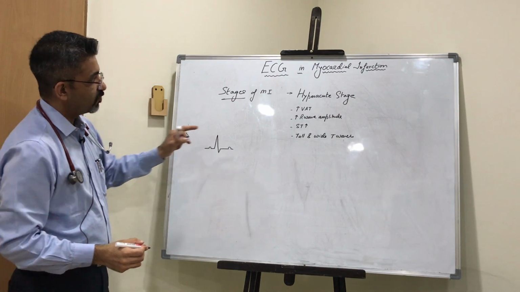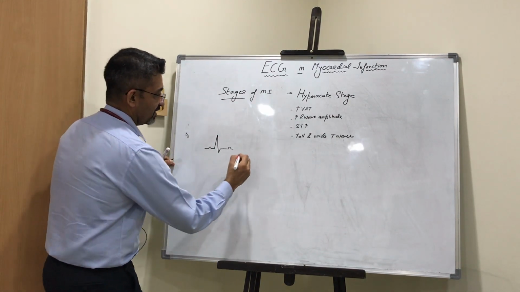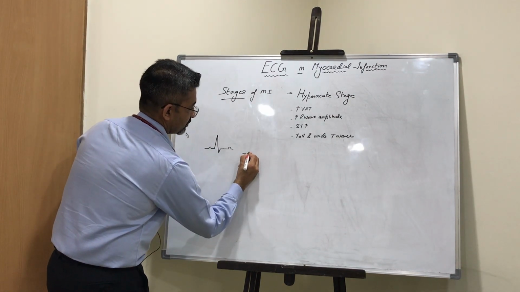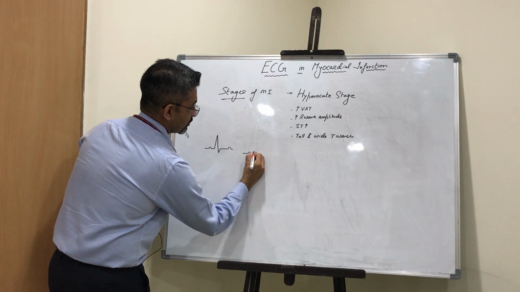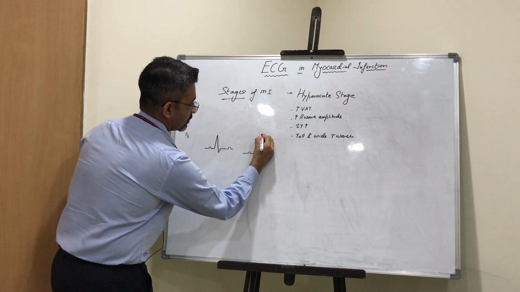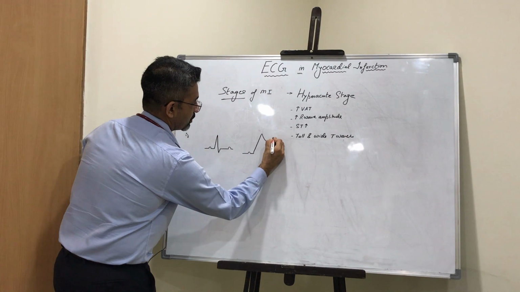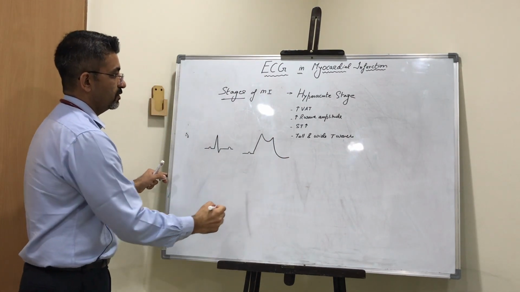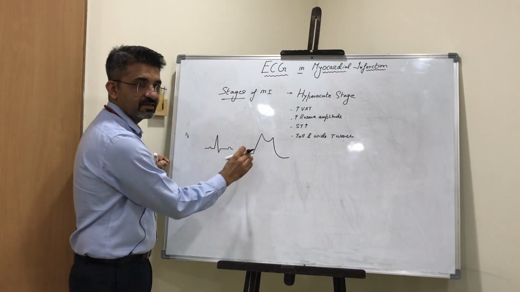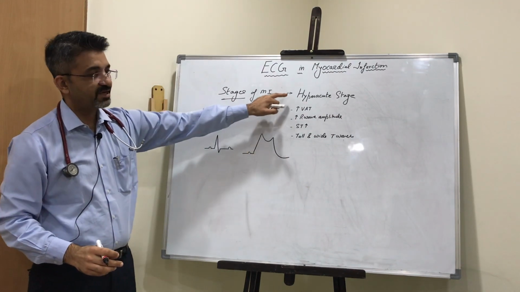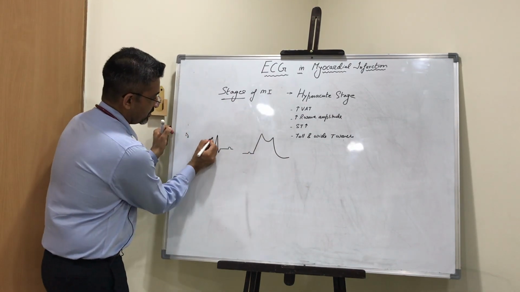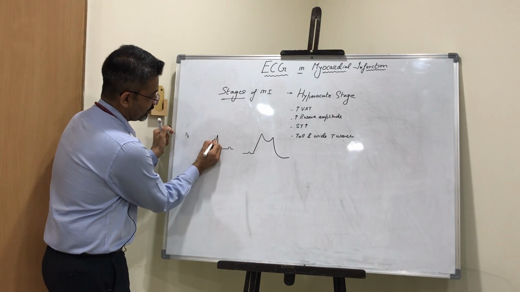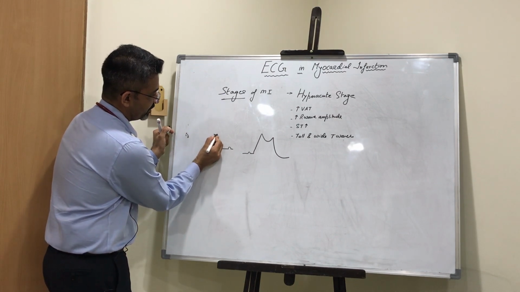If I talk of the hyperacute phase, what will happen is, let's do a P wave. This is the classical hyperacute stage. What is happening is, see, here the ventricular activation time, if I calculate like this, it will be say 0.2.